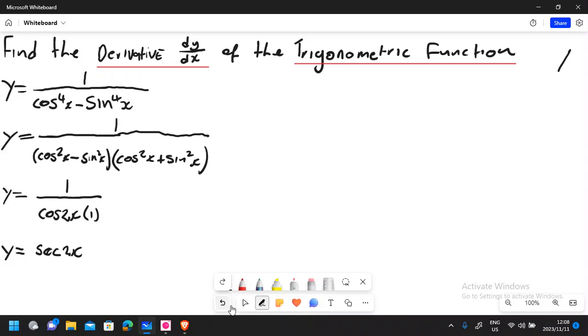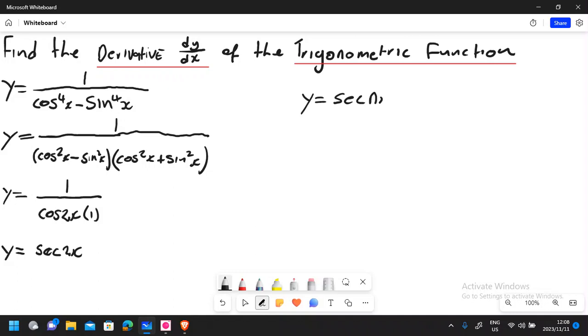Okay, now that we are here, let's start. As you can see, we are now able to differentiate this one. Now, the formula that you're going to use, first of all, before the differentiation, is sec n x, where n is the coefficient of x.